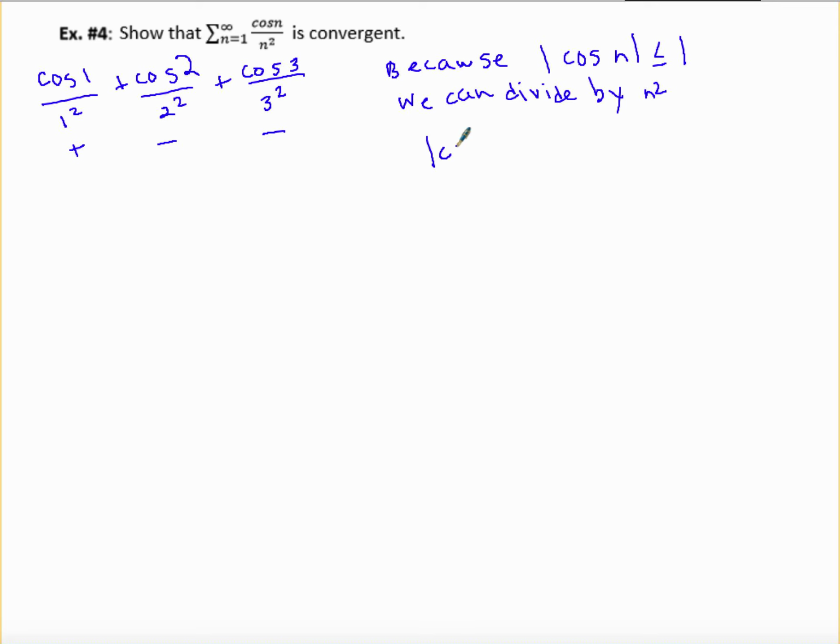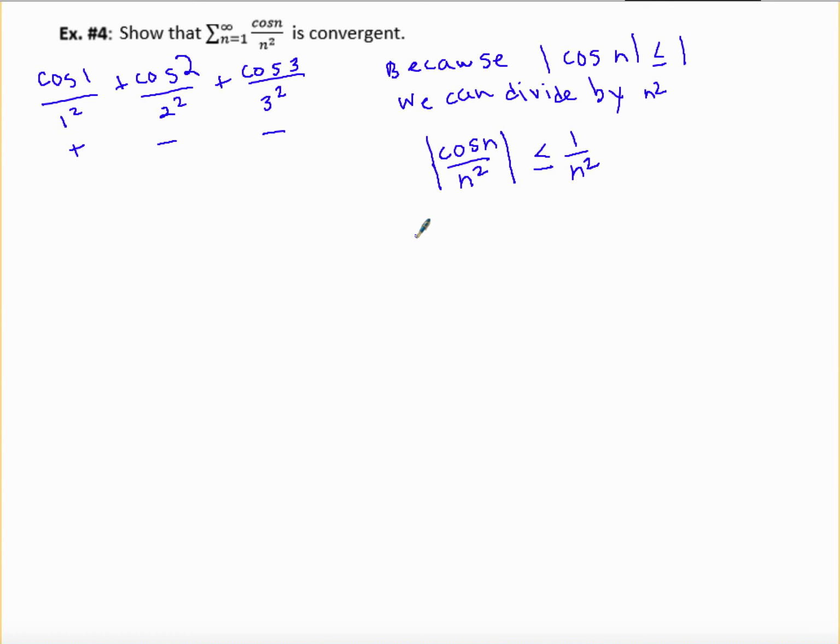We've got the cosine of n divided by n squared. Its whole absolute value, including the denominator, is less than or equal to 1 divided by n squared. I just took this bad boy and divided both sides by n squared. Haven't changed the value, but here we go.